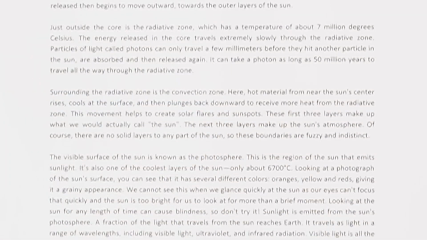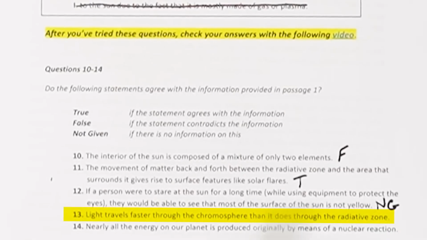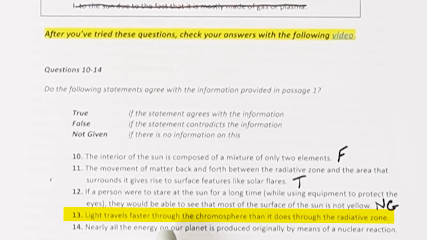Radiative zone, let's have a look at the radiative zone here. Okay, it can take a photon, a photon is light, as long as 50 million years to travel all the way through the radiative zone. Wow, that's amazing. And you thought I was slow making this video. So let's go back and read the sentence. Light travels faster through the chromosphere than it does through the radiative zone.